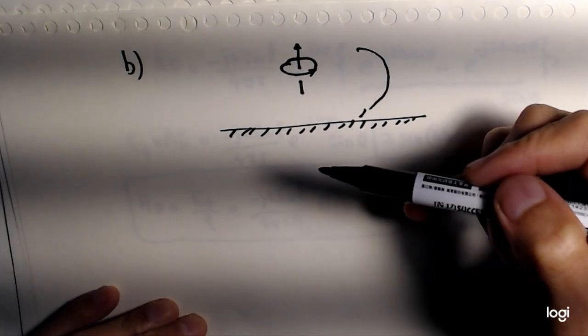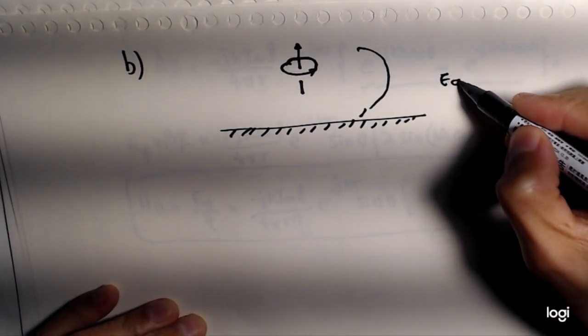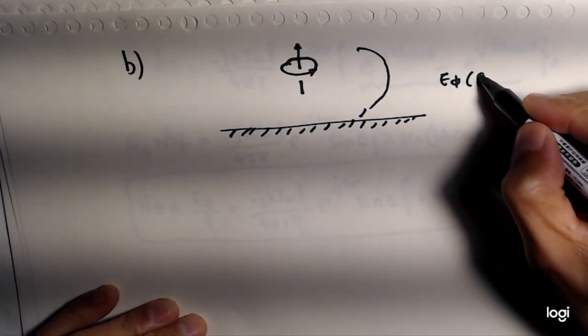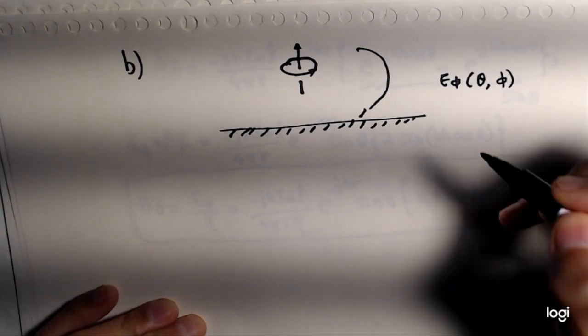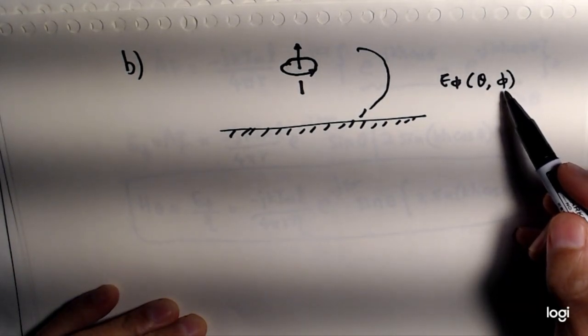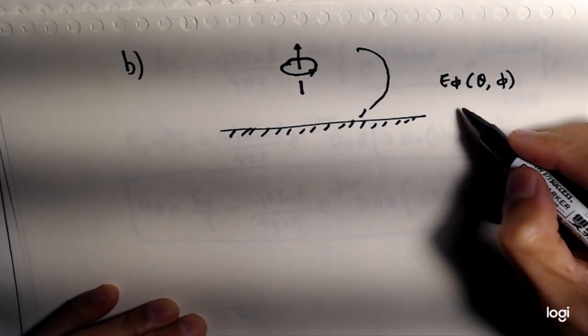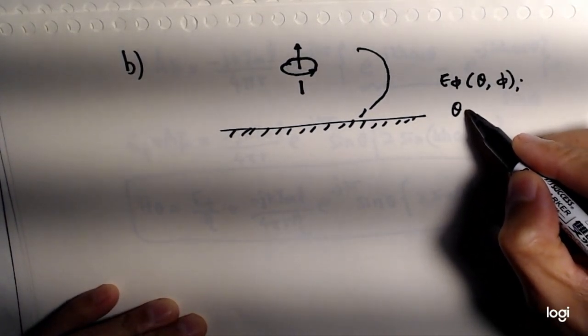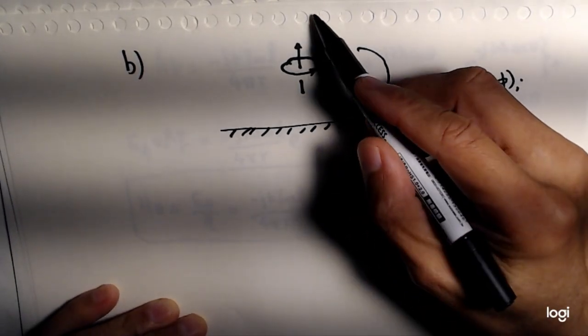So E or V is a function of theta and phi, where theta will be between 0 degree and 90 degree.